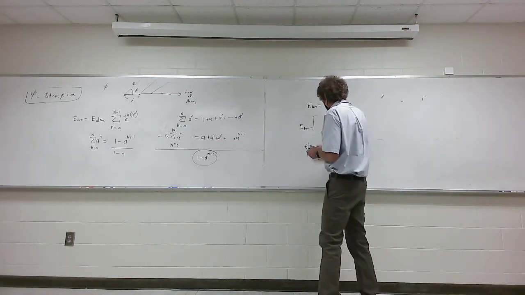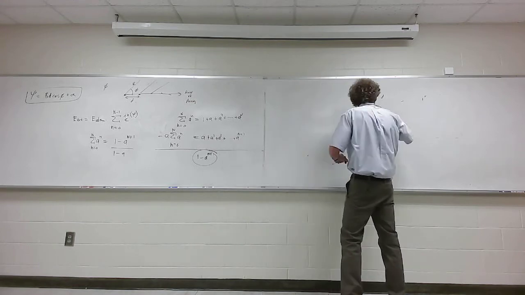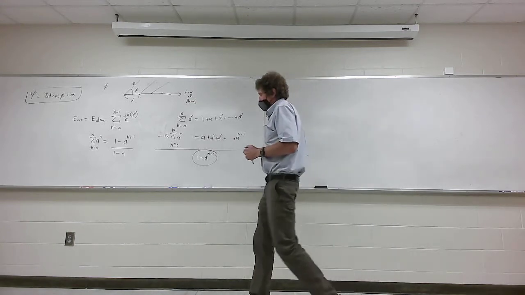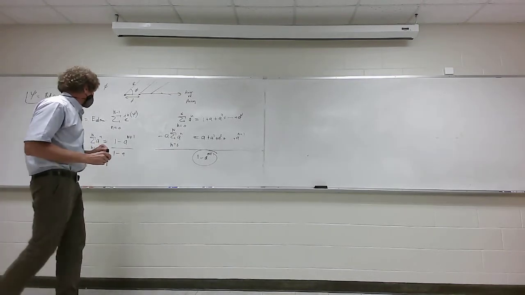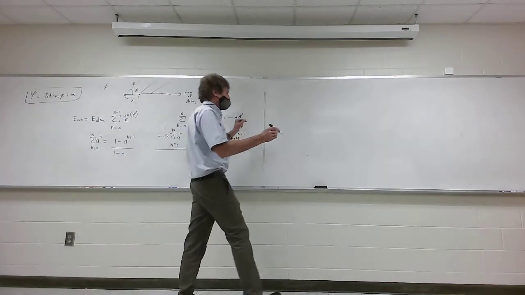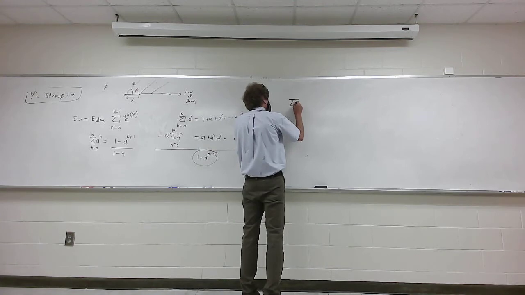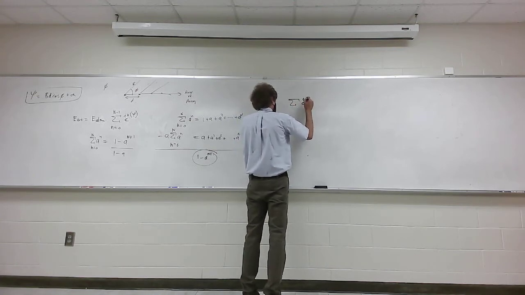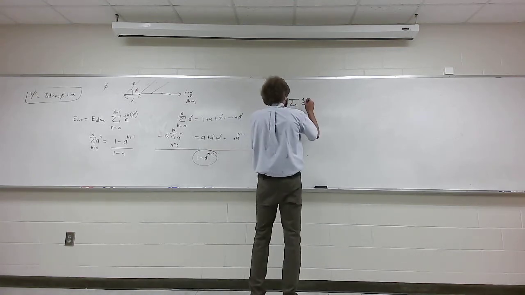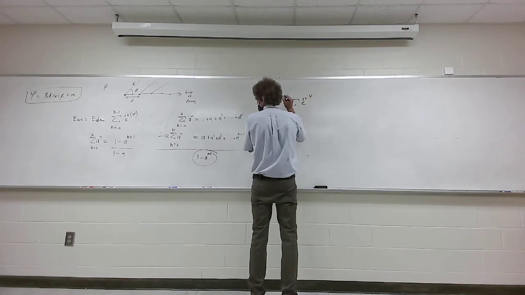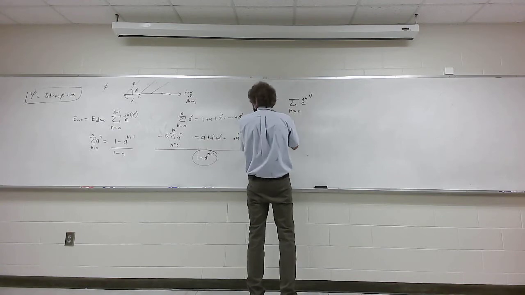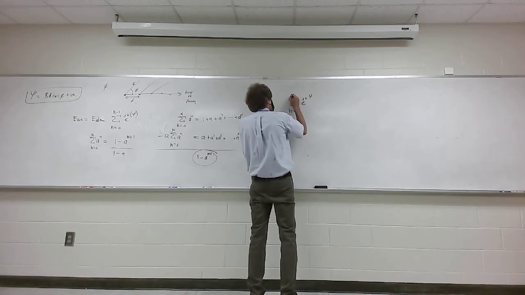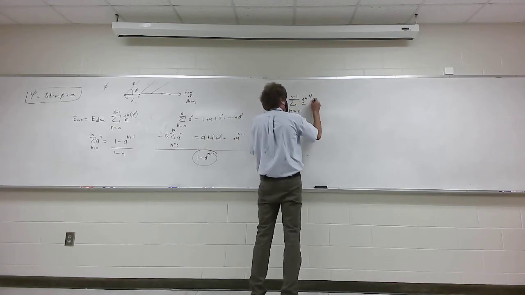Now I'm going to take this right here, and I'm going to show you what we got. We have a summation of e to the j n psi, from n equals 0 to n minus 1, right?